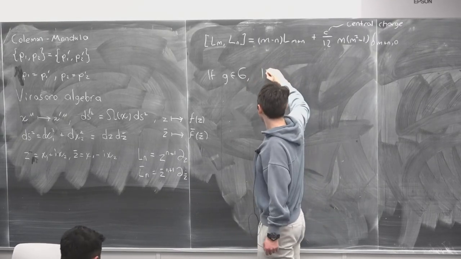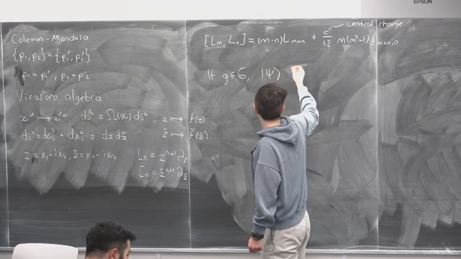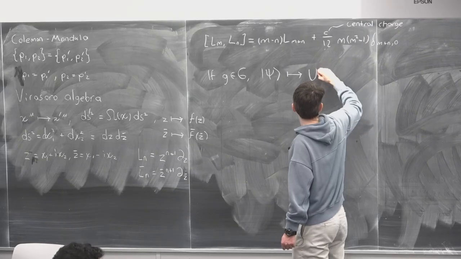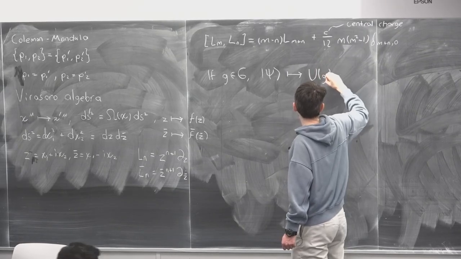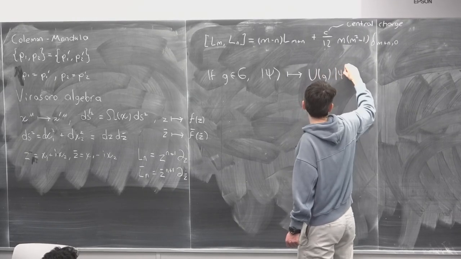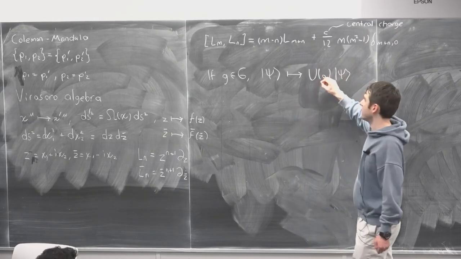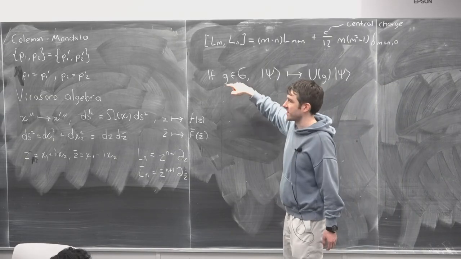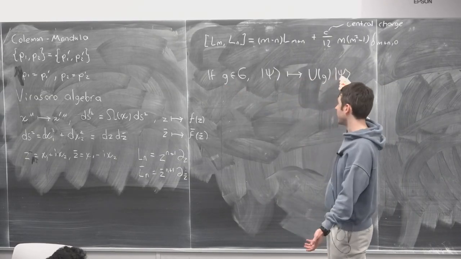So given a symmetry group, Wigner tells us that the state picks up U of g, where U is either a unitary or anti-unitary transformation. But for elements continuously connected to the identity, it has to be a unitary transformation.